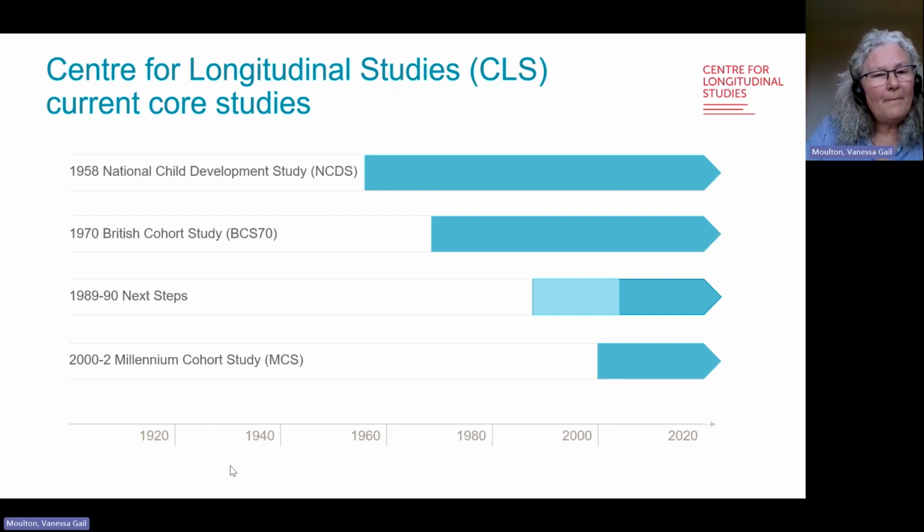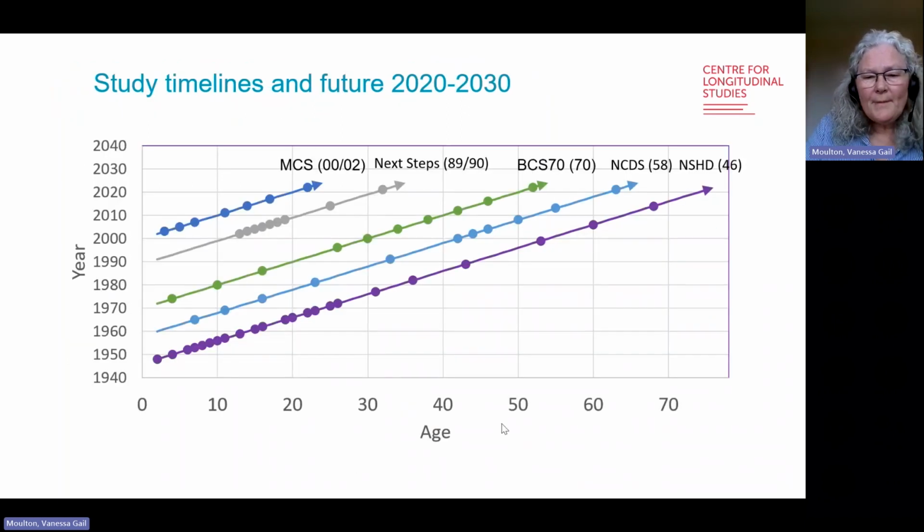And I'm going to focus particularly on the older ones. Before I explain this chart, some among you will have noticed another study appear there, which is the 1946 National Survey of Health and Development.